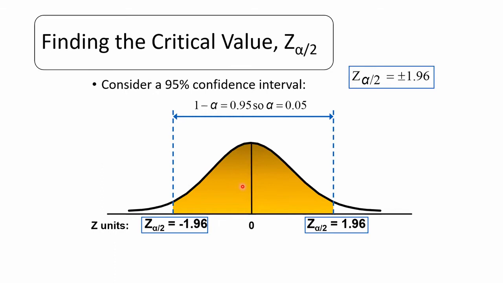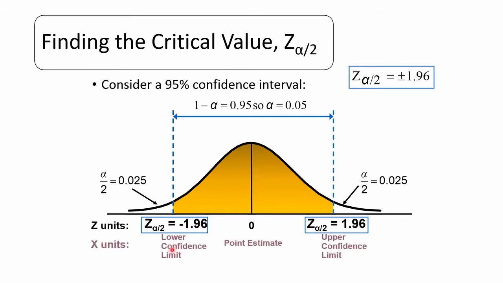So your alpha would be 0.05, therefore your upper tail and your lower tail would be 0.025 simultaneously, right? Because when you add these two, you would get 0.05, plus the middle area is 0.95, and the total addition comes up to 1, the probability of 1. And this here would be your lower confidence limit, and this is your upper confidence limit, and this single value or the single number is the point estimate.